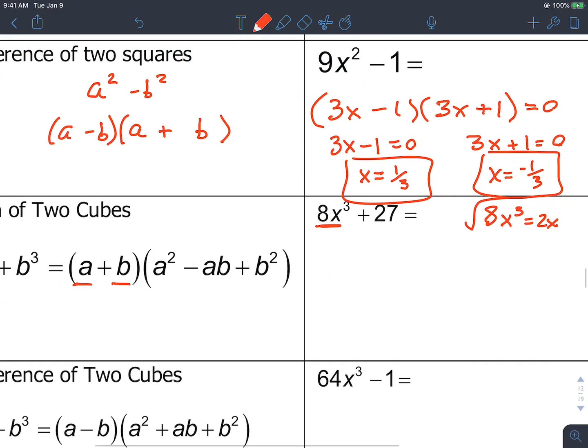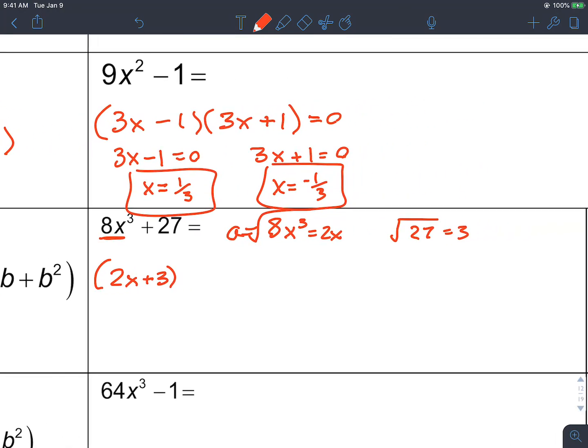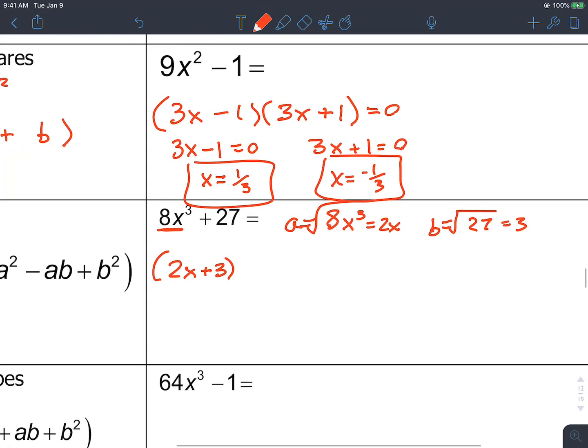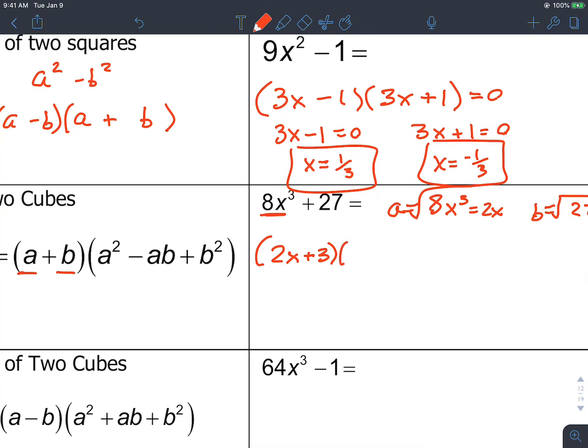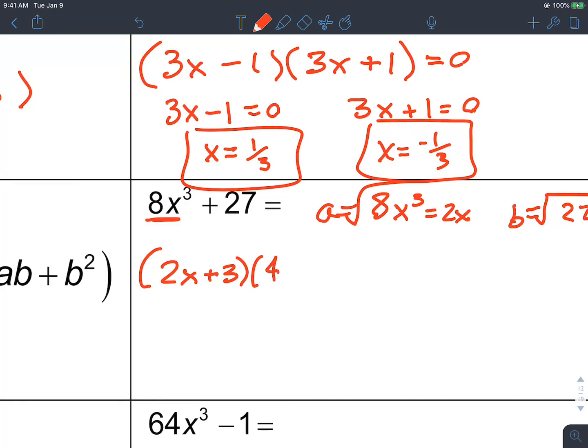And here's how you write it. You write 2x plus 3. That's what your formula says. If you want to write that the first thing was a and the second thing was b, you can. Then the next thing you do is 2x squared, which is 2x times 2x, or 4x squared.